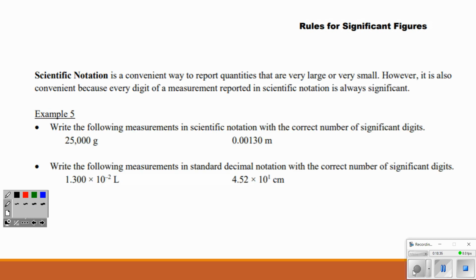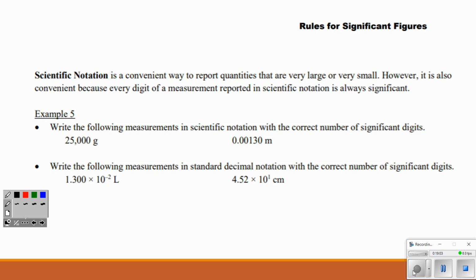Okay, relating significant figures to scientific notation. Scientific notation is a convenient way to report quantities that are very large or very small. However, it is also a very convenient way because every digit of a measurement reported in scientific notation is always significant. So, when we look at the first one, write the following measurements in scientific notation, write the correct number of significant digits.